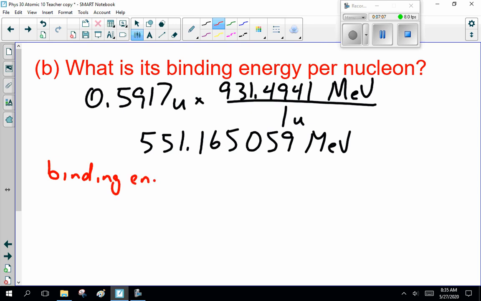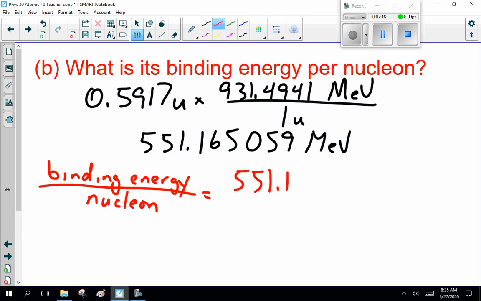Binding energy per nucleon: 551.1, round off, 17 megaelectron volts. No, don't do the rounding off in your calculation until the very end.